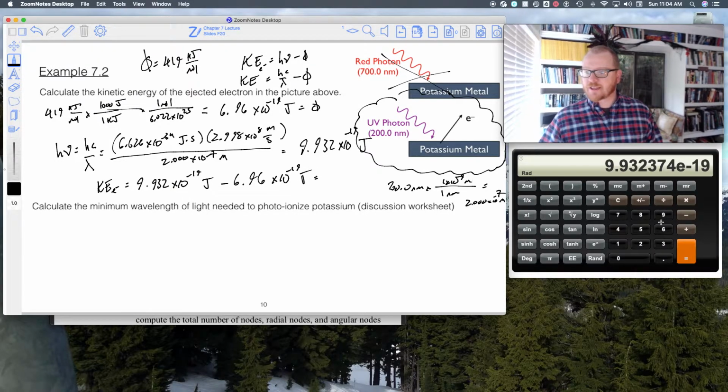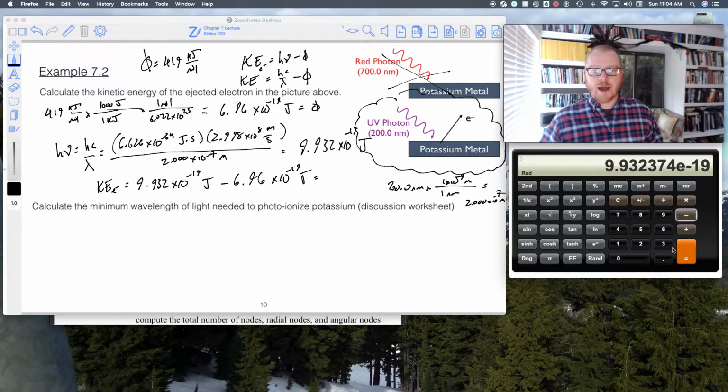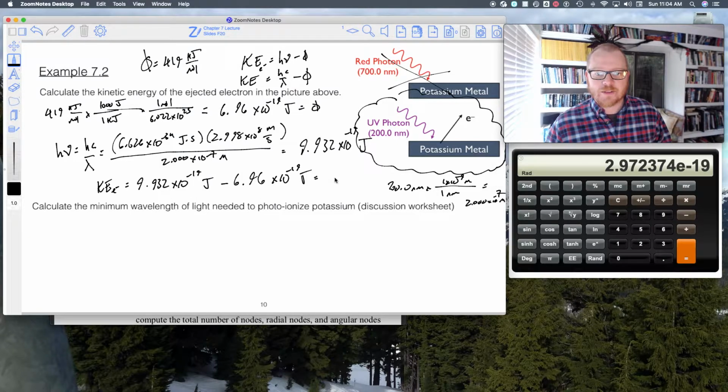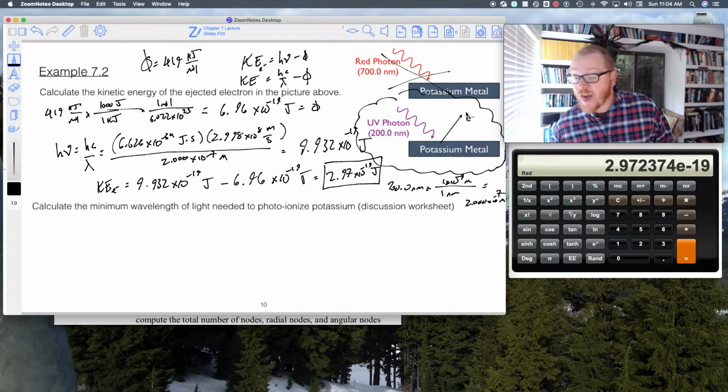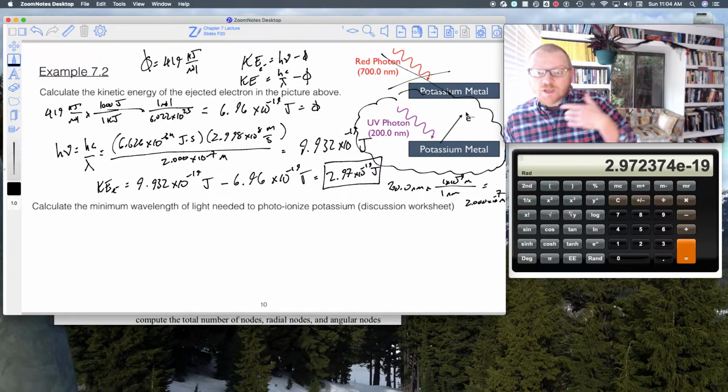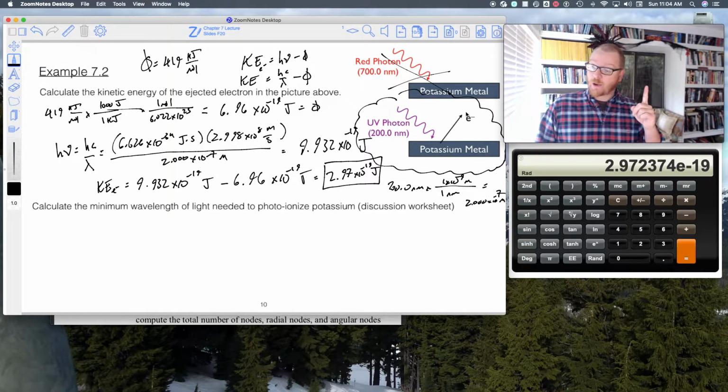I'll leave this in the calculator here, and I'm just going to say minus 6.96 E minus 19, and yep, I get, and then 3 sig figs now because of my work function. So that's going to be 2.97 times 10 to the minus 19 joules, the kinetic energy of that ejected electron. And it's a tiny number because it's one single electron we're talking about, right?